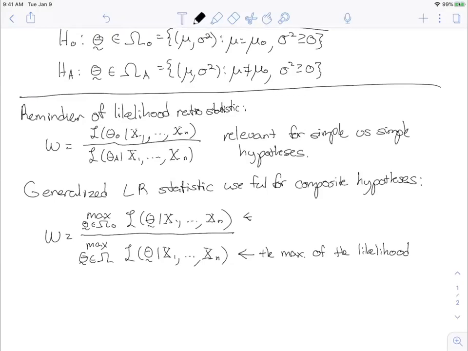And the numerator is the maximum of the likelihood, but constrained to the null hypothesis set. So it's the maximum of the likelihood subject to the constraint that the null hypothesis is true.